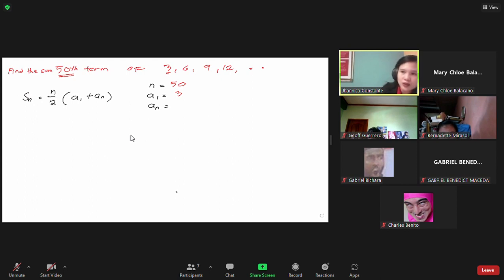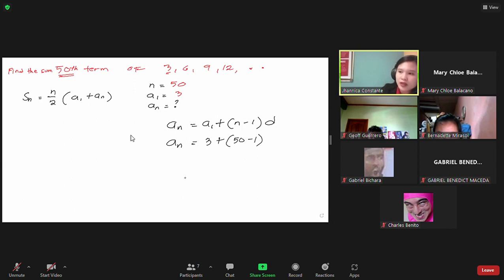But the nth term is not given in the problem. Since the nth term is not given, we need to solve for it using the formula for arithmetic sequence, which is an equals the first term plus n minus 1 times the common difference. An is the one that we are solving. The first term is 3, plus n is equal to 50 minus 1.